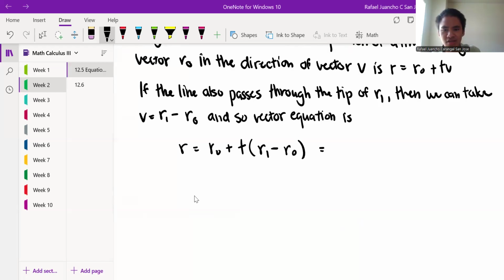So we get 1 minus T times R naught plus T R1. And this line segment P naught P1 is given by the parameter interval of T between 0 and 1.